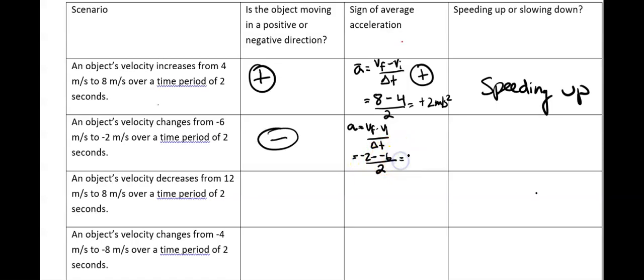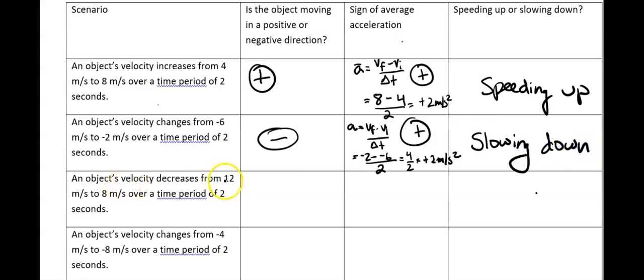So this is positive 4 over 2, another positive 2. Interesting, it is slowing down. You're going from negative 6 meters per second in a negative direction to negative 2 meters per second in a negative direction, so you're getting slower. You just happen to be moving in a negative direction. Slowing down.